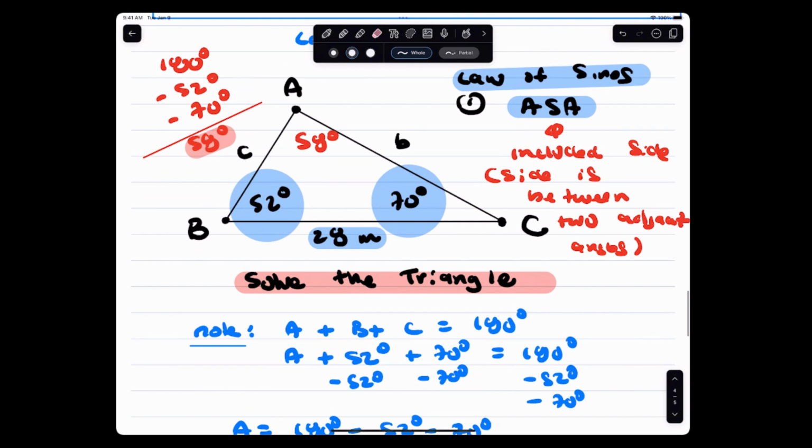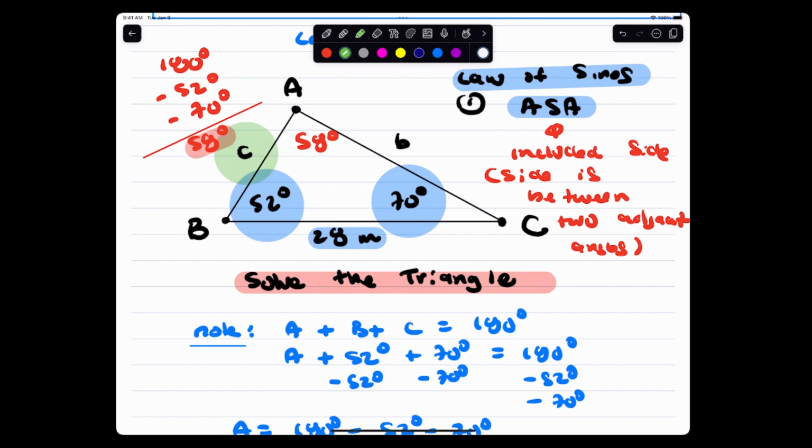Pay attention to the colors here. What do you guys have to find now? Sides. Pick a side. Do you want to find B or do you want to find C? C, okay. Doesn't matter. So you said, Mr. Judge, I want to find that side.